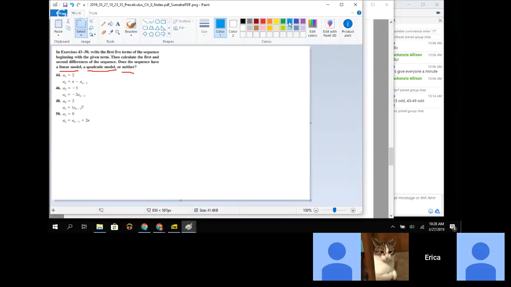So that's what we were doing, we were calculating the differences. So number 50 is a sub 1 is 0, and a sub n is a sub n minus 1 plus 2n.